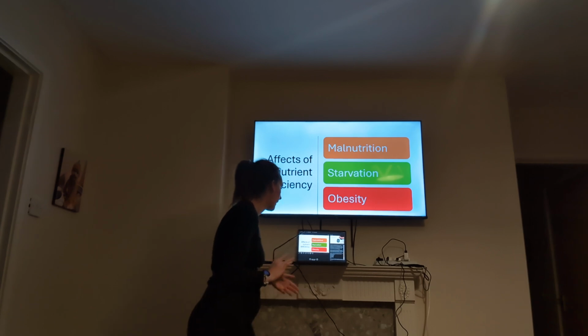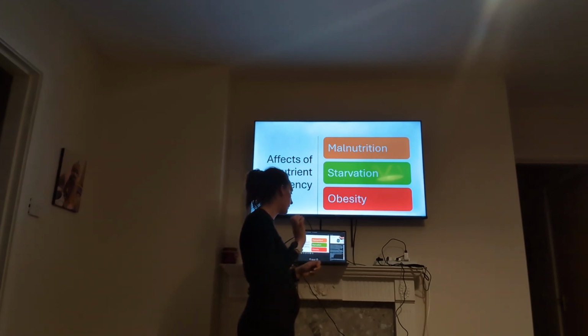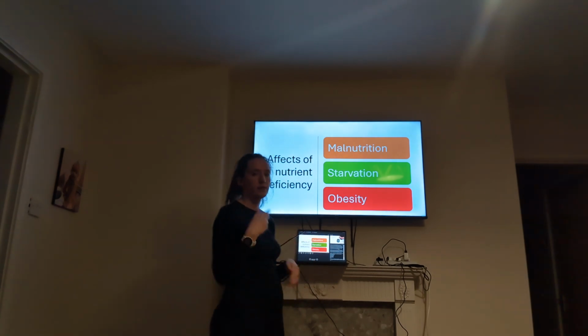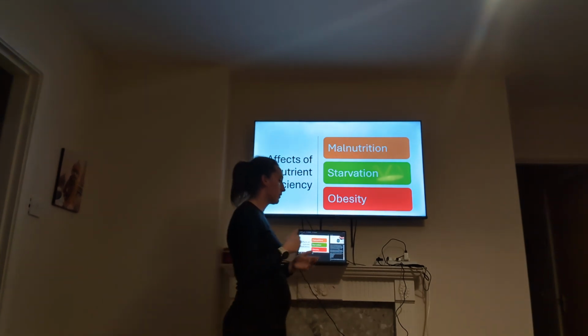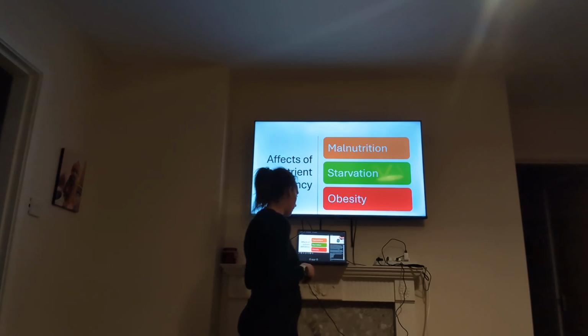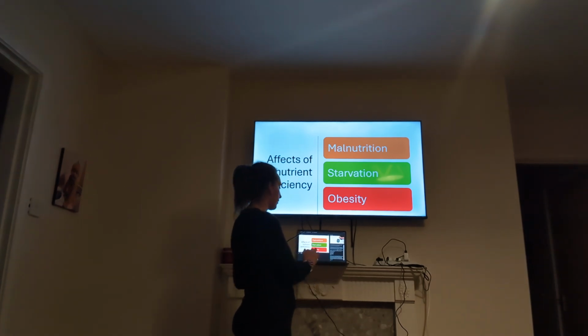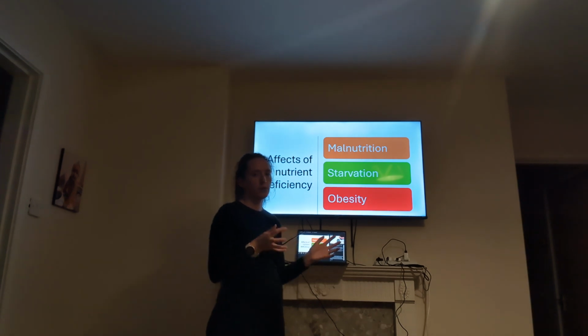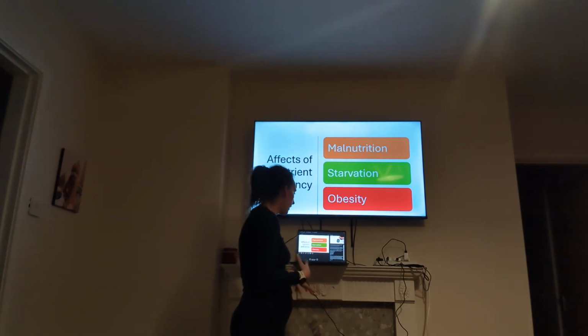So you get acute and chronic. Acute is when someone's high risk, and chronic is a prolonged time without the nutrients. Starvation is a lack of food being consumed, so there can be loads of nutrients in it but not enough food.